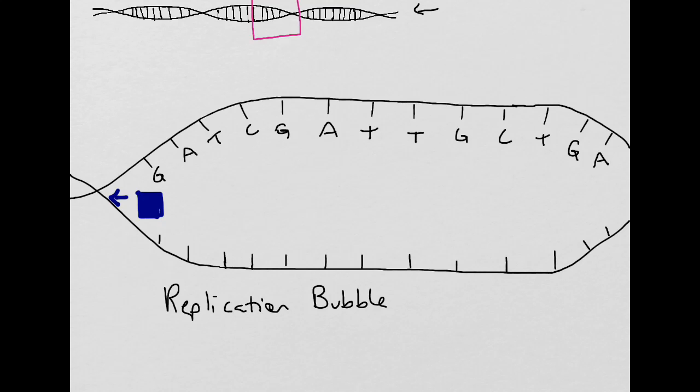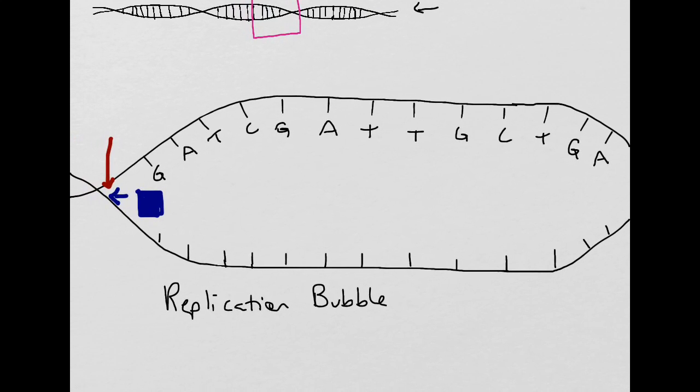The replication bubble that you see here, right where my helicase is pointing, has these areas that aren't quite open yet or will be opened. We call that the replication fork.